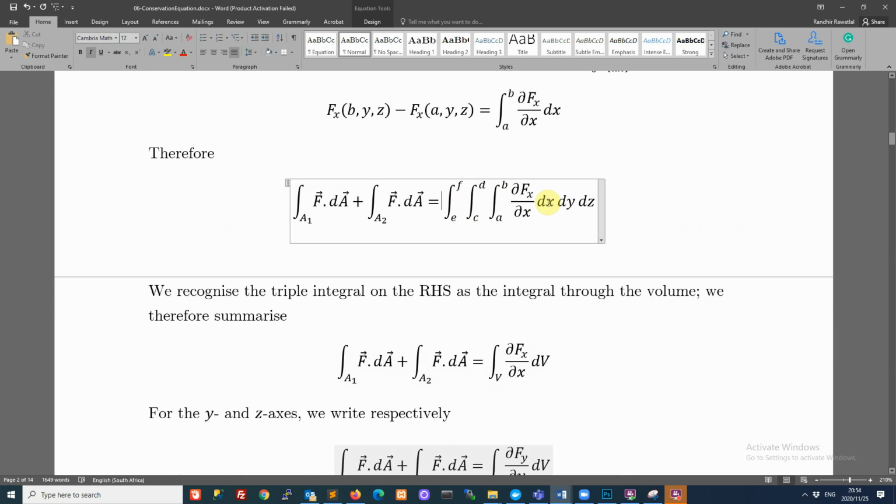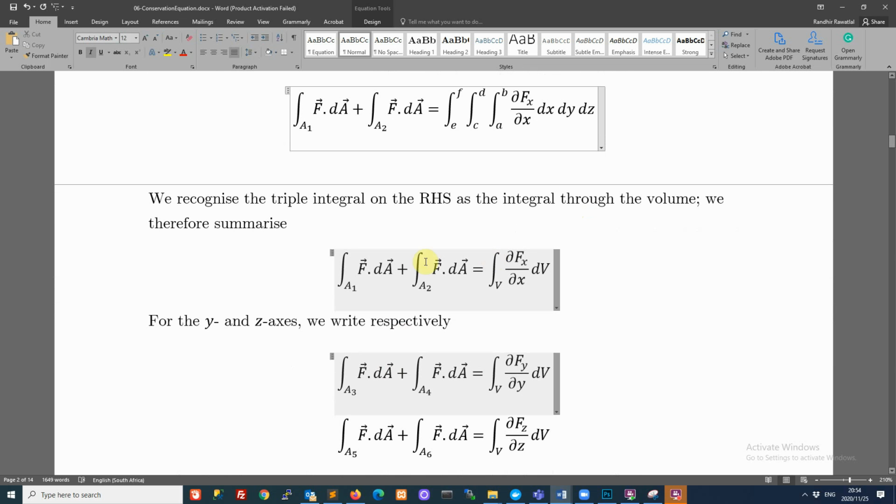We are integrating in all three dimensions across all possible values of those three dimensions. So this is basically a volume integral, the integral over the volume of dFx/dx. And so we are starting to see what looks very much like the divergence theorem already.